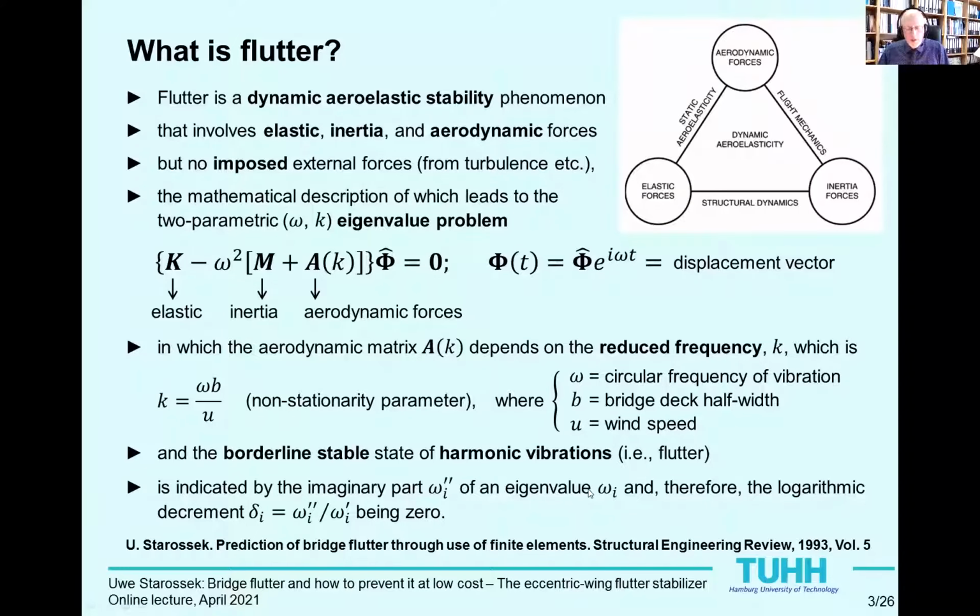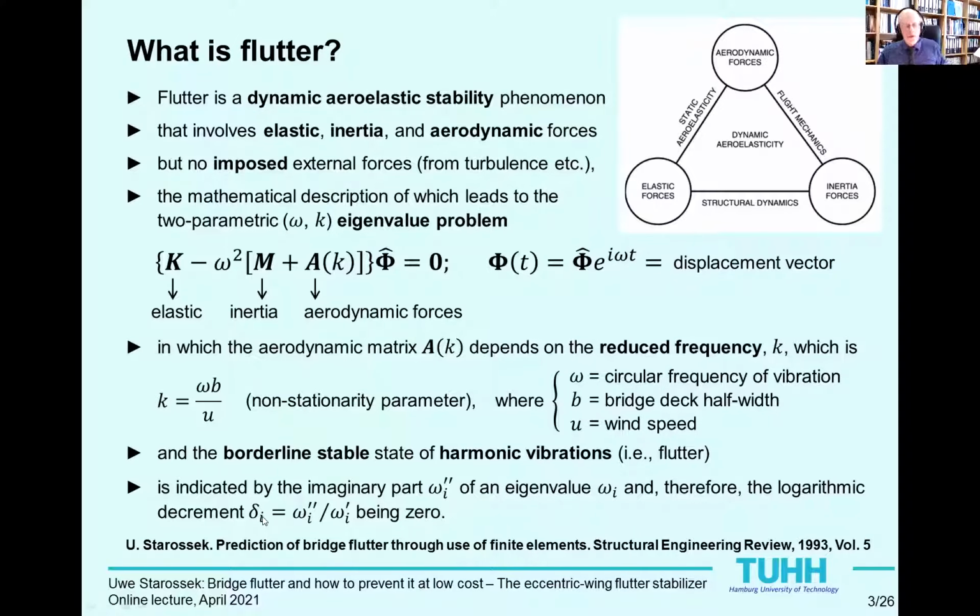When the vibration is purely harmonic, that is, when the amplitude neither decreases nor increases, the logarithmic decrement is 0. Therefore, the second condition is that the imaginary part, omega i double prime, of any of the eigenvalues omega i is 0, because then also the logarithmic decrement delta i is 0.